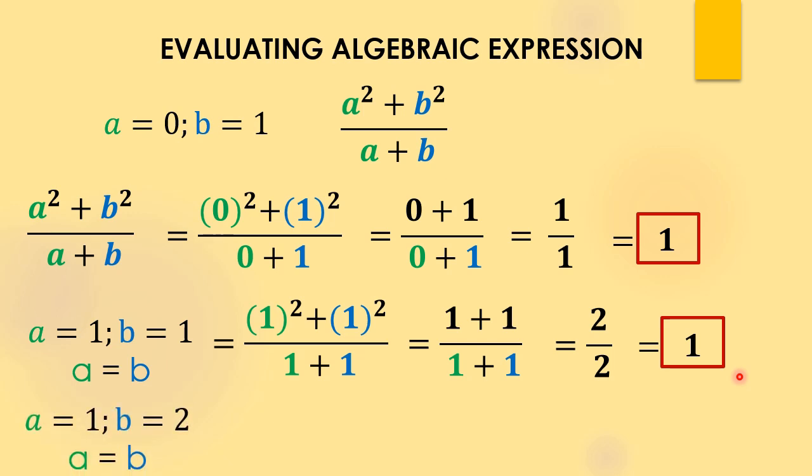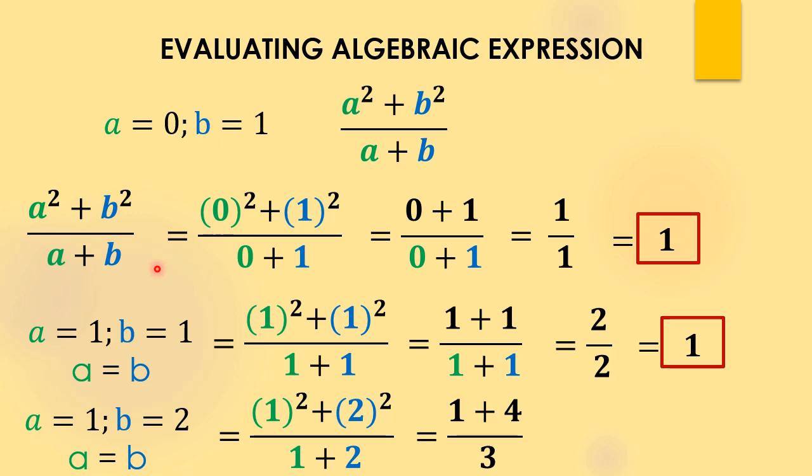Another one, what if a is equal to 1 and b is equal to 2? What will be the value of our algebraic expression? So if we're going to evaluate this one using the same expression, the value of our expression will be 5 over 3.